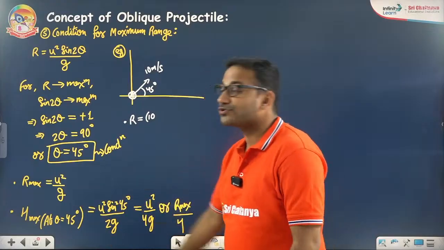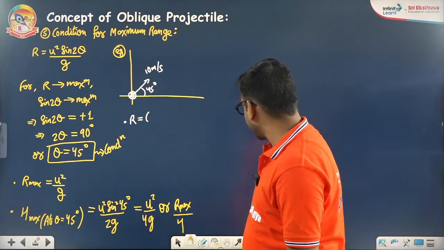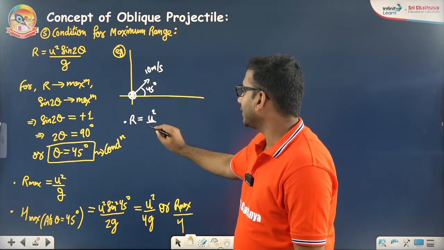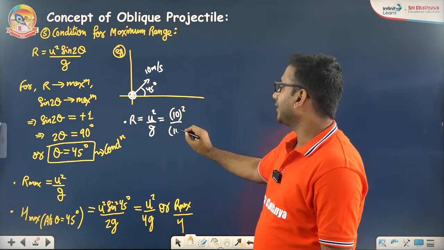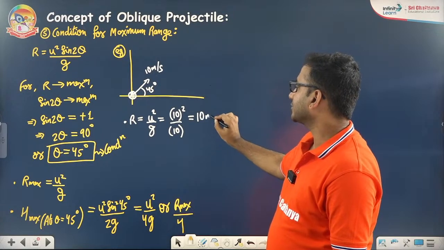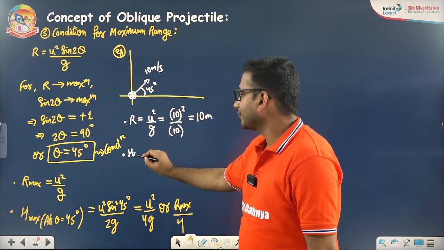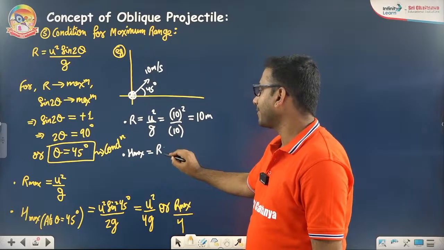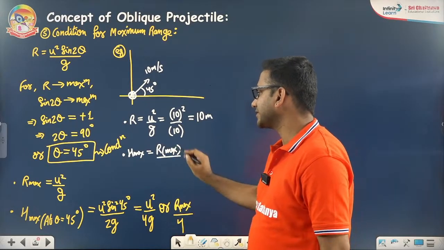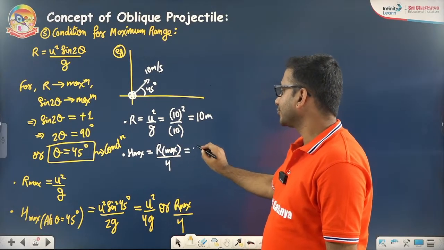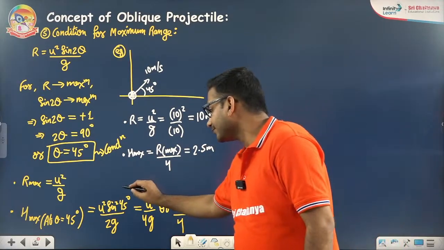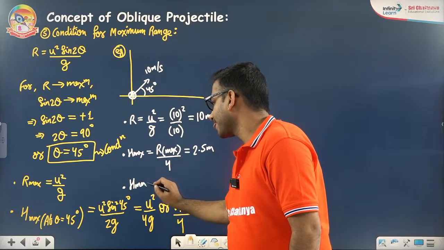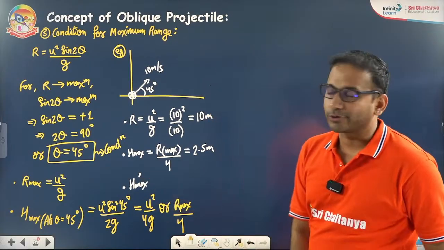See, the formula is U square by G, the R max formula. So that is 10 square by 10, and hence it is 10 meters. So H max will be equal to R maximum value at theta 45 degrees, which is obviously by 4. So that is equal to 2.5 meters.